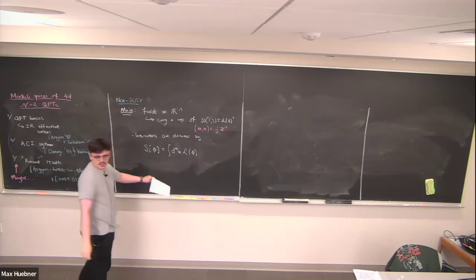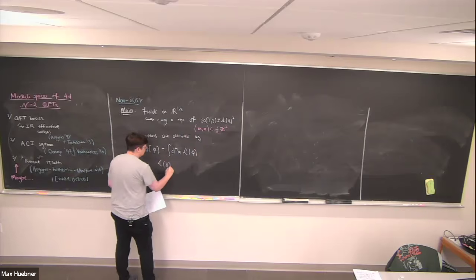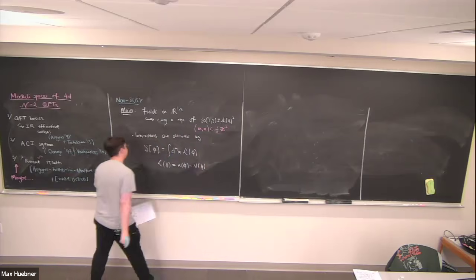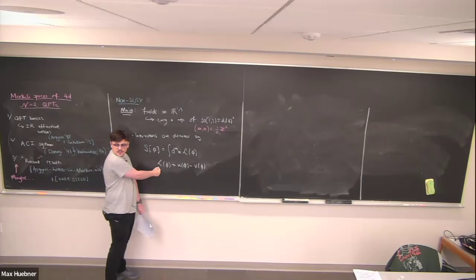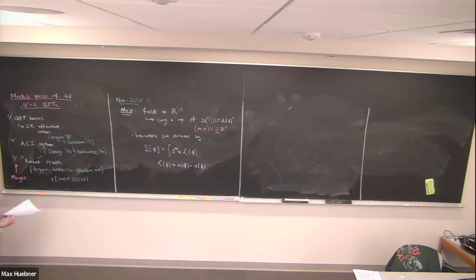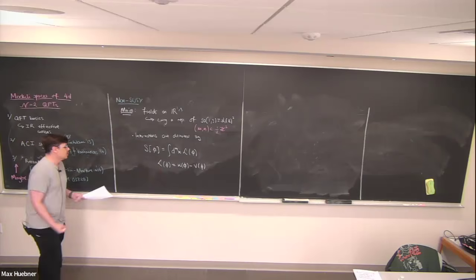Anyone who's done classical mechanics will immediately recognize that this Lagrangian is just going to be kinetic terms minus some potential. And if you want to get the energy density instead, you do a Legendre transform on this thing.